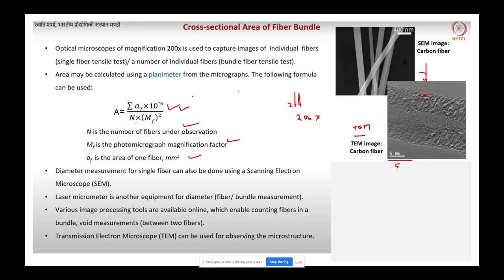By using this formula, you can calculate your area.